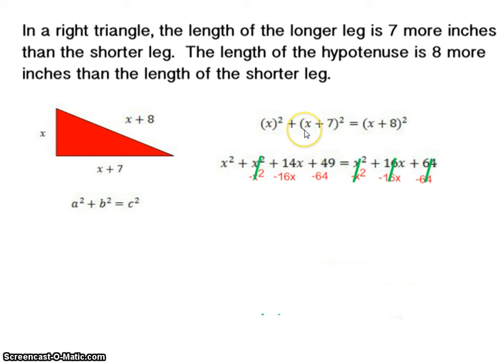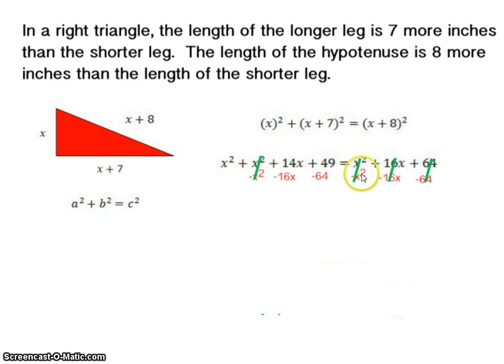If I multiply out x plus 7 times x plus 7, I end up with x squared plus 14x plus 49. And I had that original x squared in the first place. On this side, I have multiplied out x plus 8 times x plus 8. That gave me x squared plus 16x plus 64. Now I've got to combine like terms and put it in standard form.